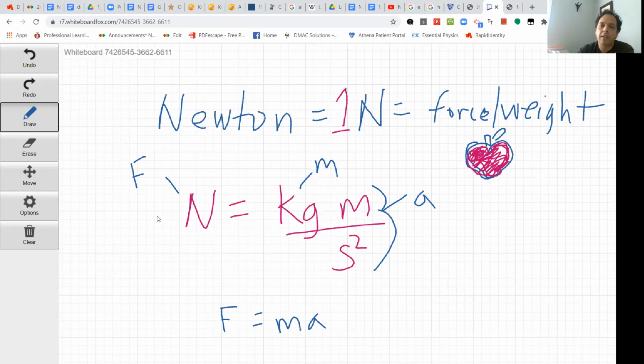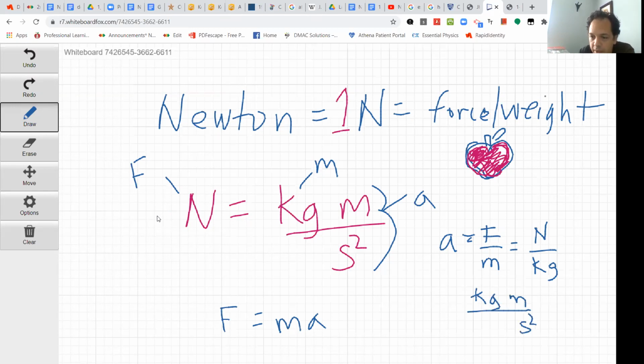So the one we just did was acceleration equals a force divided by a mass. Is that what we did? Yeah. So when we plug in the units, a Newton divided by a kilogram. Remember, a Newton is also a kilogram meter per second squared.